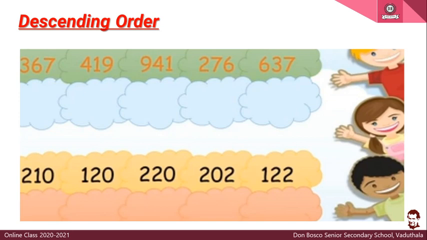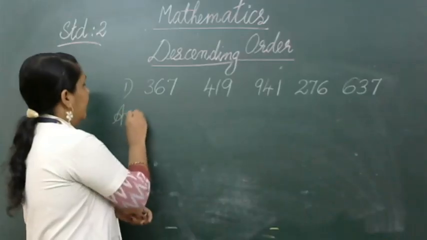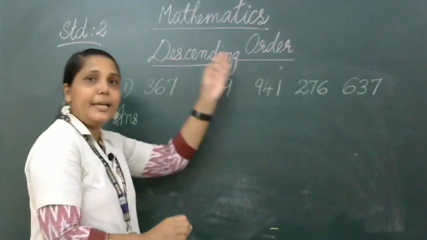Then third one 941. Then 276. Then what is the last number given? Yes, it is 637. Now we are having descending order.